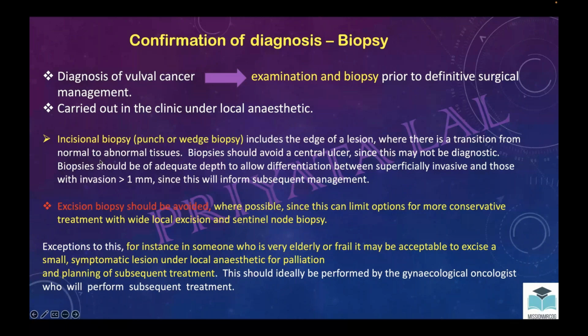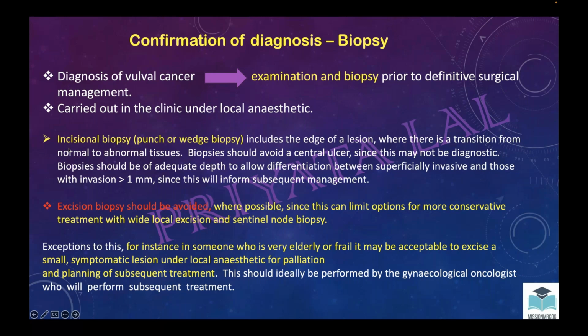What type of biopsy is to be done for the diagnosis? It would be incisional biopsy, and it may be a punch or a wedge. You will find questions on what the incisional biopsy is, and it is important to understand.